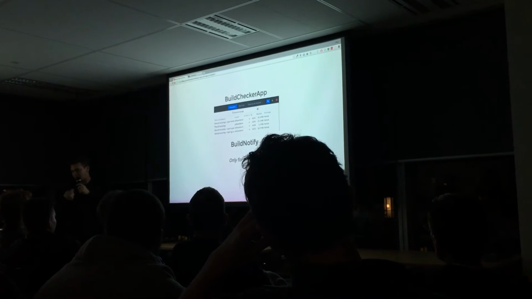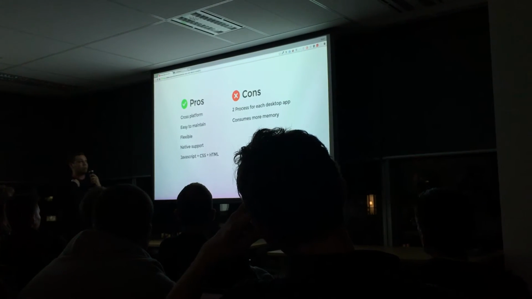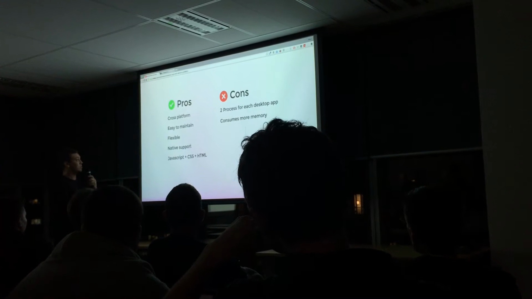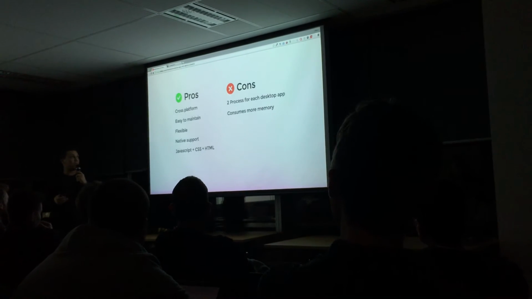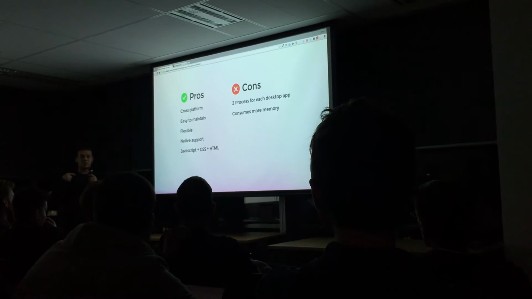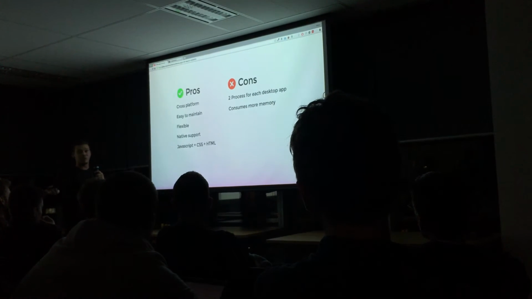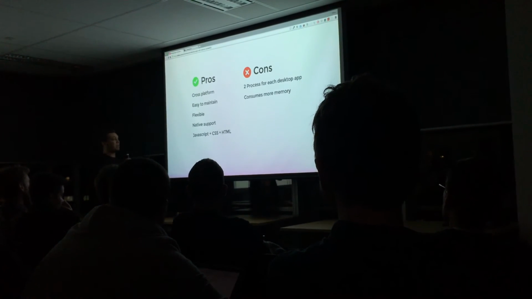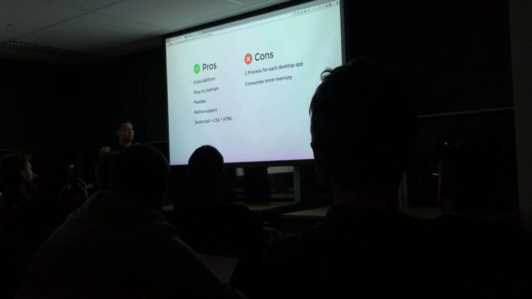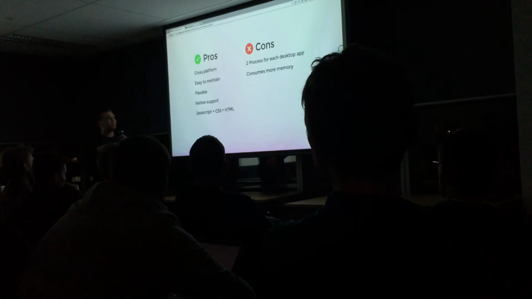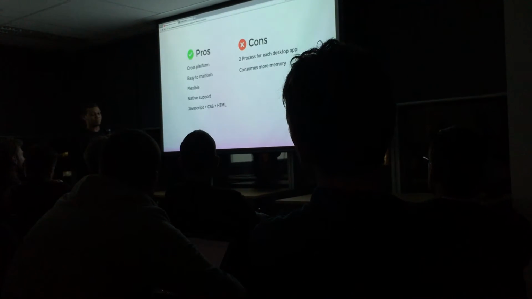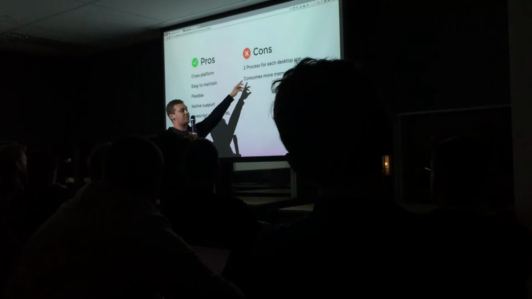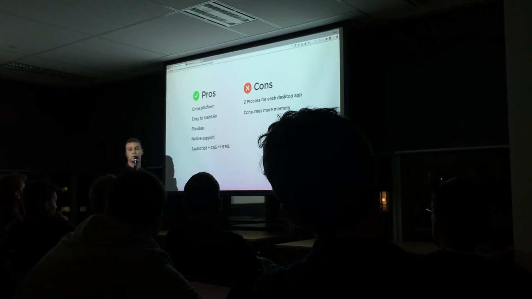So, for me, what were the pros and what were the cons? First pro: cross-platform is easy to maintain. It's really, really flexible because we are with JavaScript. We have native support and we can use JavaScript, CSS, HTML. And the cons: here we need to think that we have two processes.